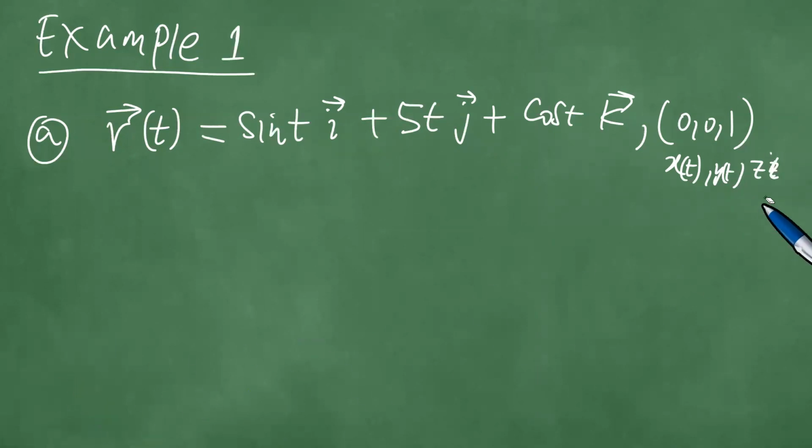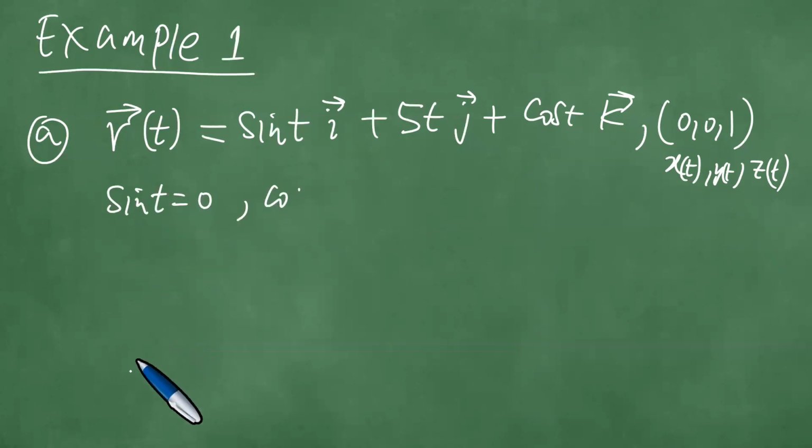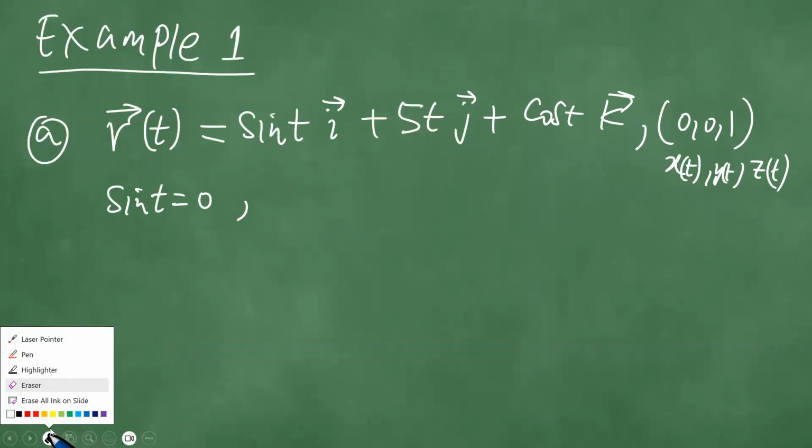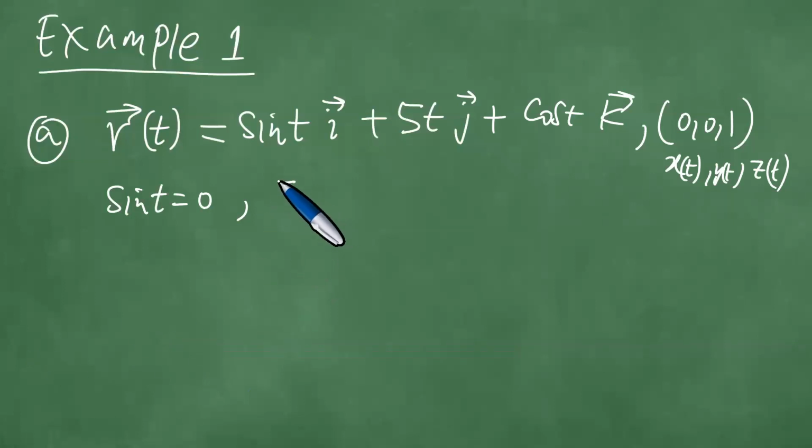If these are the components of the point, it means that the sine of t is 0, and that 5t, being the second component, equals 0.